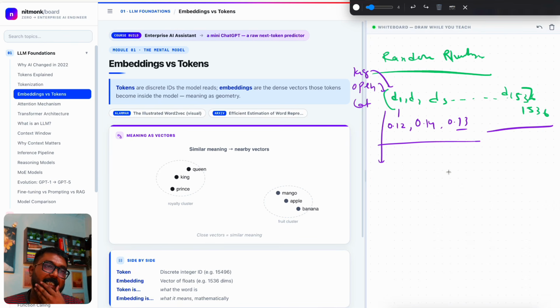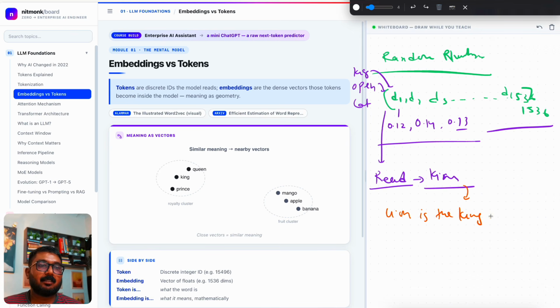You set all these numbers, and then you try to read sentences. You try to read sentences that talk about, let's say, king. Let's say, lion is the king of the jungle, for example. Now this king and this lion have a relationship, and this jungle, correct?